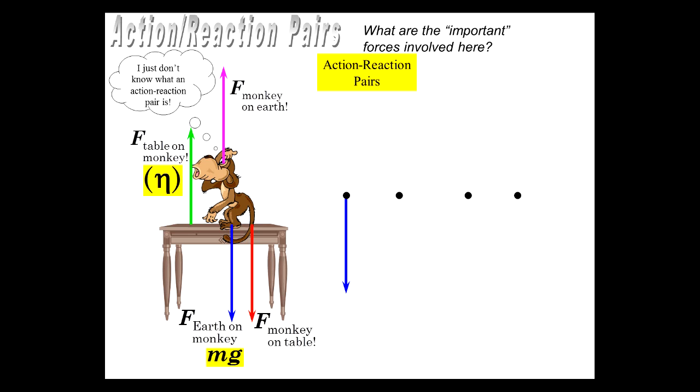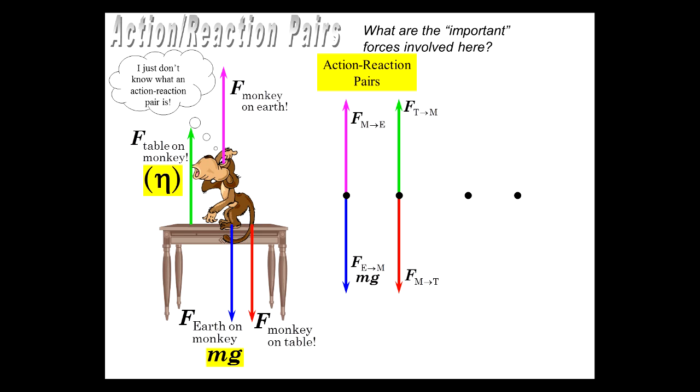And now, let's look at the action-reaction pairs. Here they are. So we have the force of earth on monkey. The reaction to that is force of monkey on earth. So that's an action-reaction pair. The other one is force of monkey on table. The reaction to that is force of table on monkey.